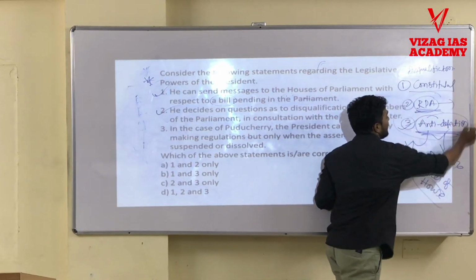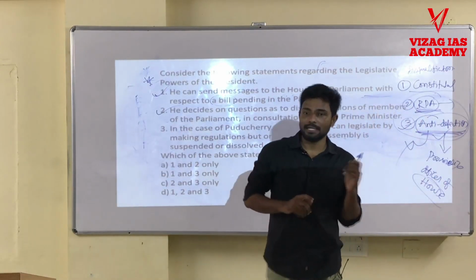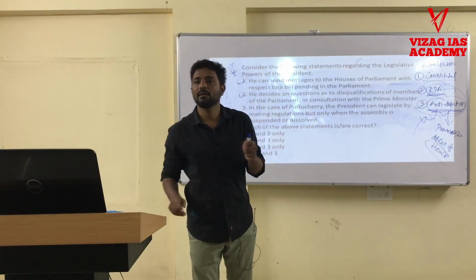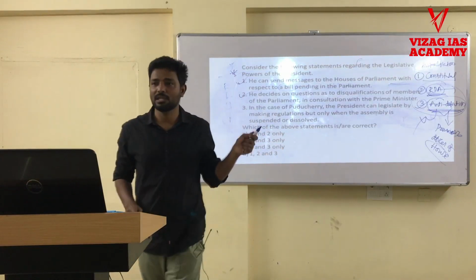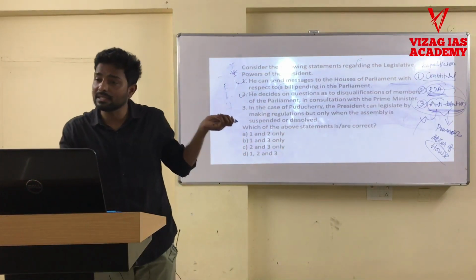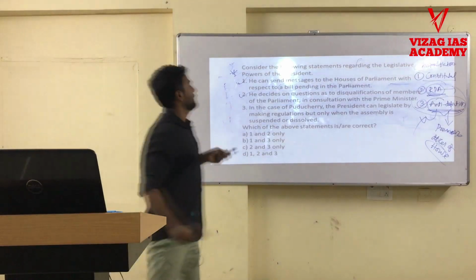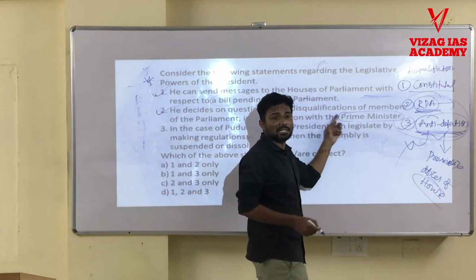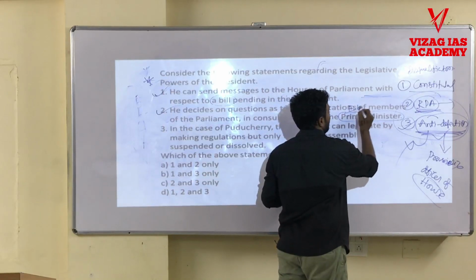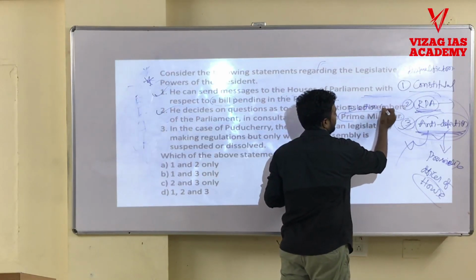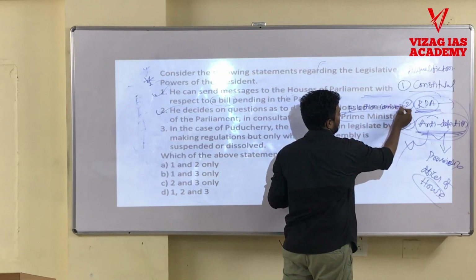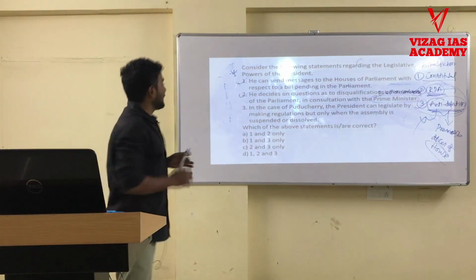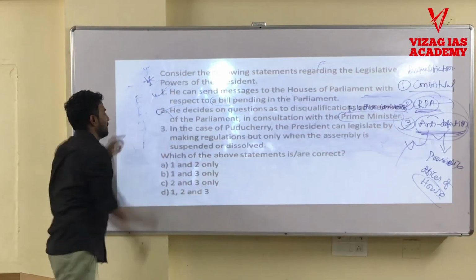And other disqualifications are decided by whom? The President, on the recommendation of the Election Commission, not the Prime Minister or Council of Ministers. So instead of Prime Minister, it is in consultation with the Election Commission. So the second one is wrong.